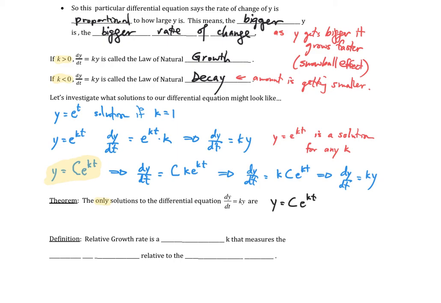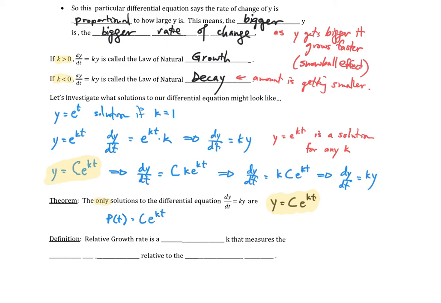All right. So we started off looking at a general differential equation, and basically we've solved it. We know what the solutions are. A lot of times you'll see people write it as P of t equal to C e to the kt.